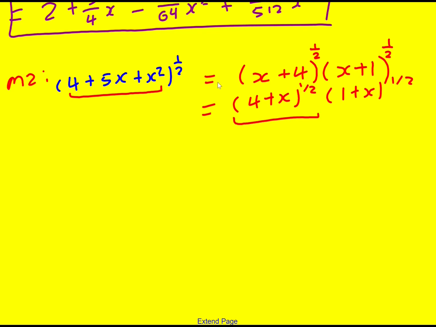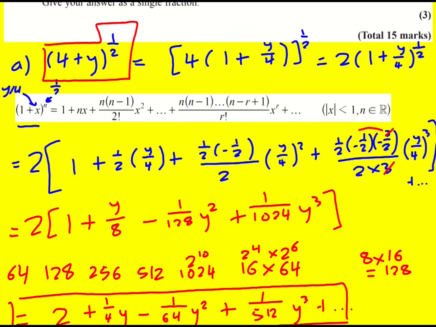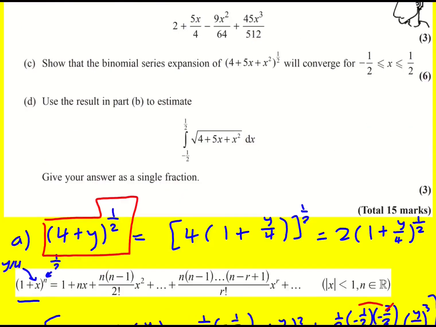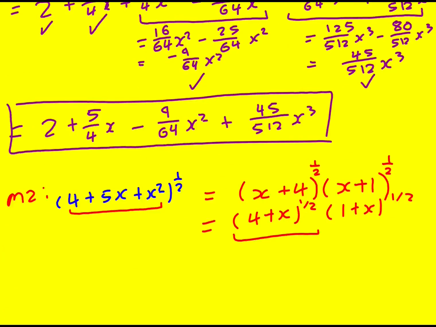Now this one here, 4 plus x to the half, is actually what we calculated earlier on. It was the very first part. So it's going to be this here, but with all the y's replaced by x.